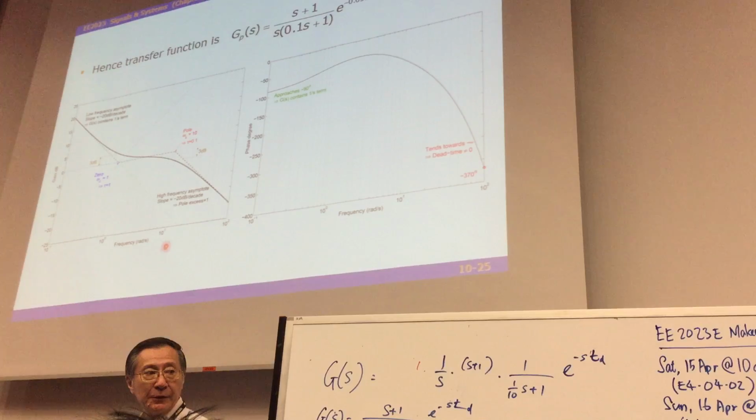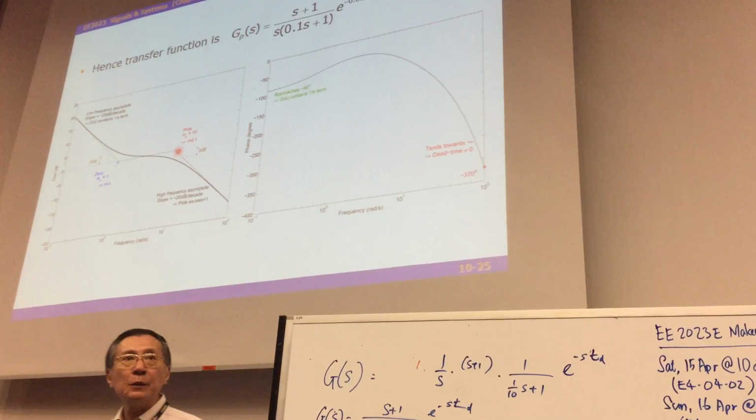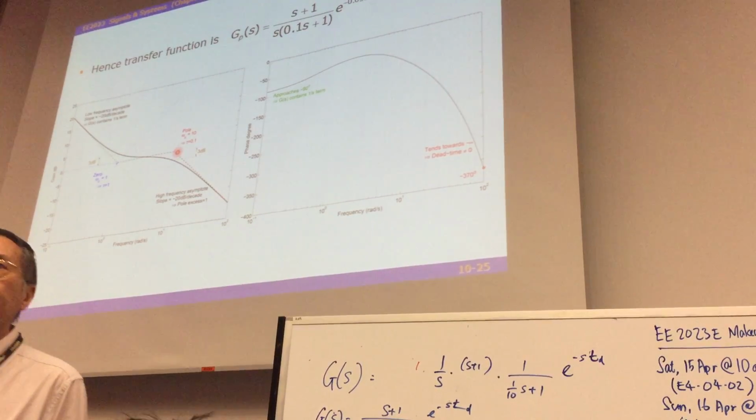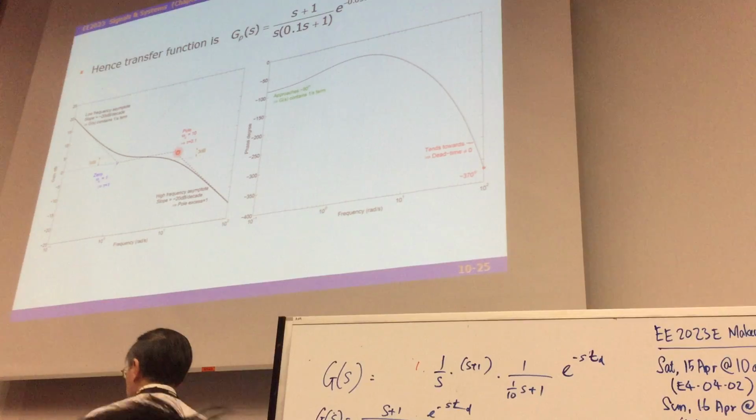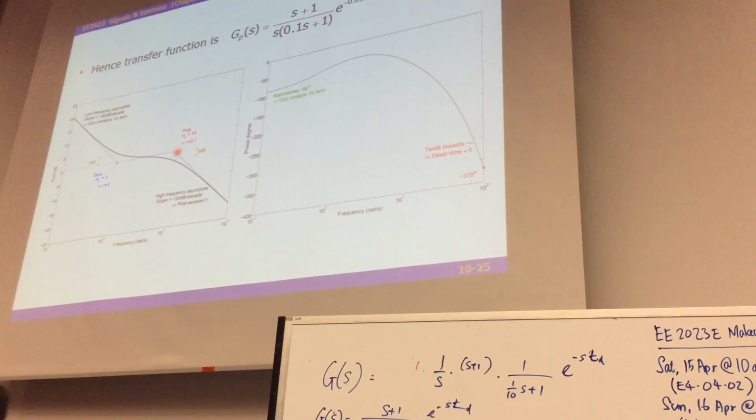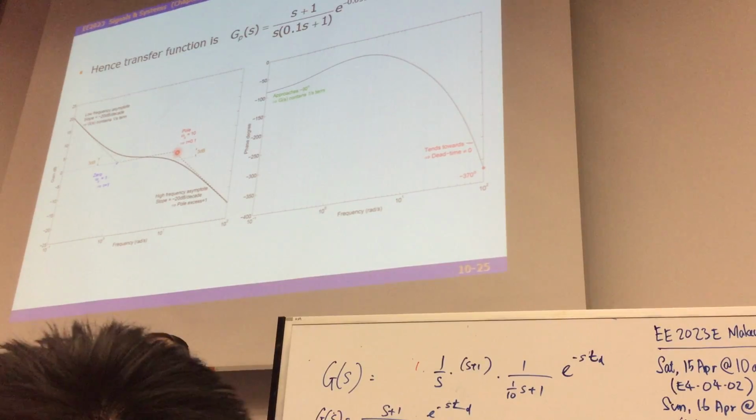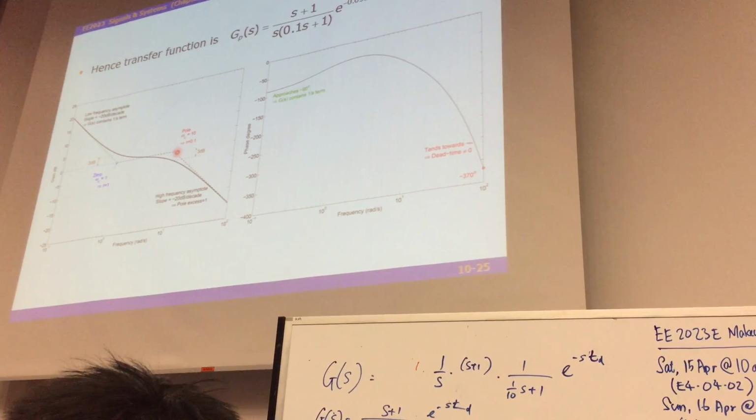That's omega, the corner frequency. So tau is 1 over omega. So, that's it. That is all the content that you have.